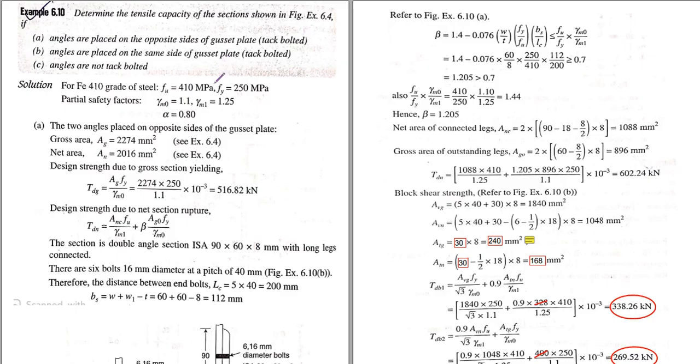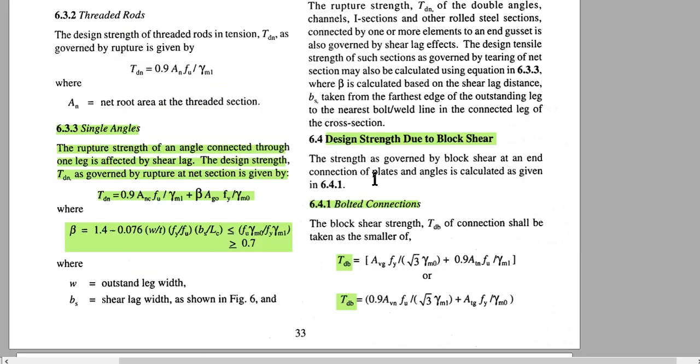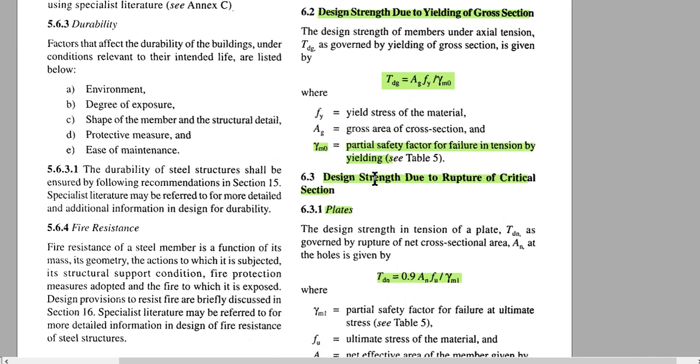So here, the first point is we have to find the design tensile strength due to gross section yielding. That means this one. The formula is this. Let us go back to the formula here.